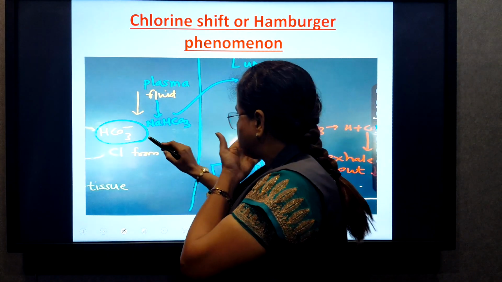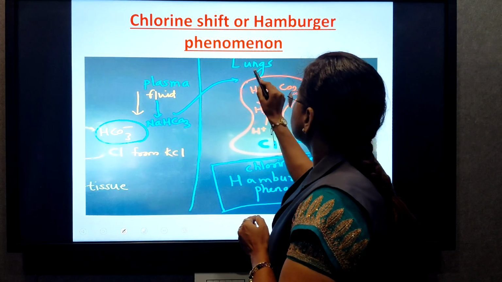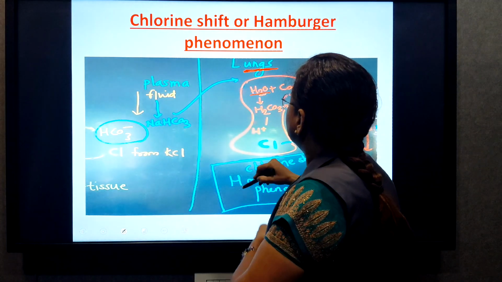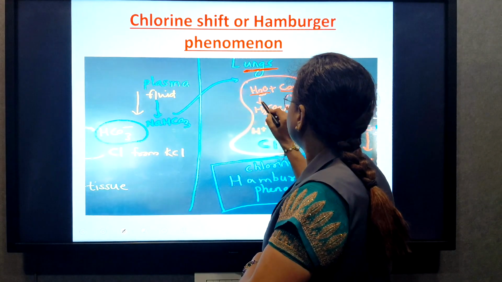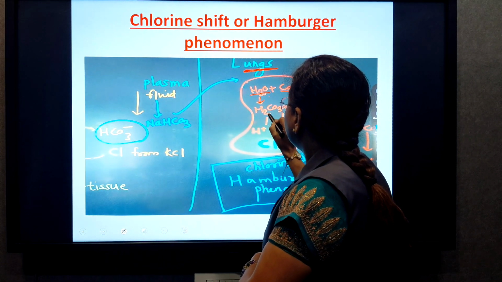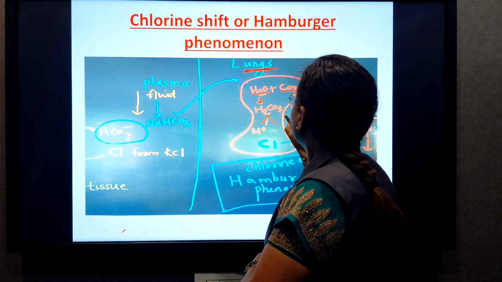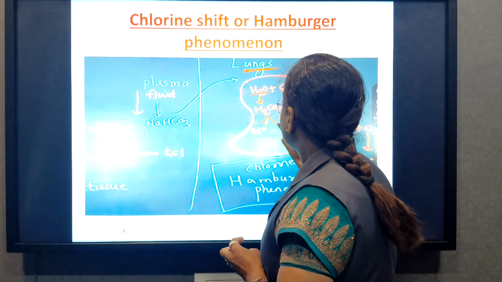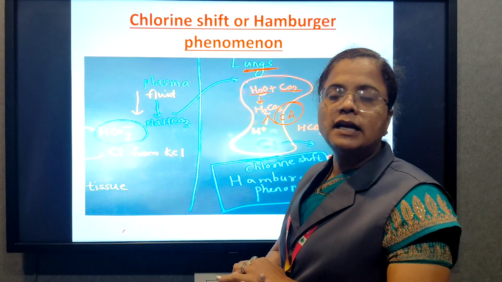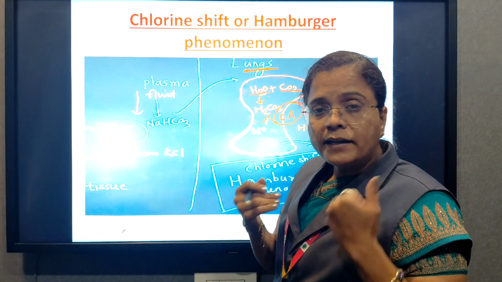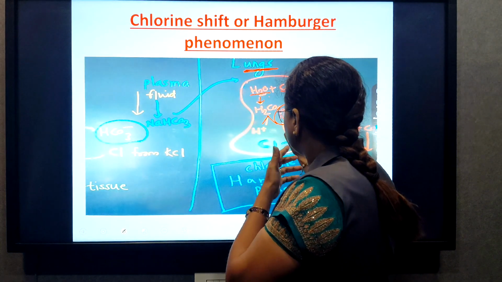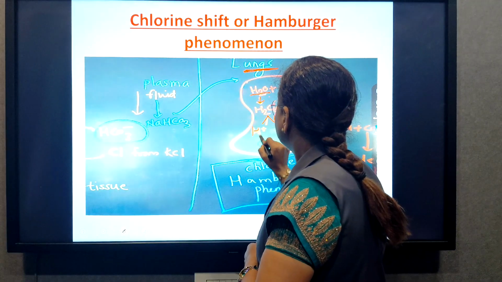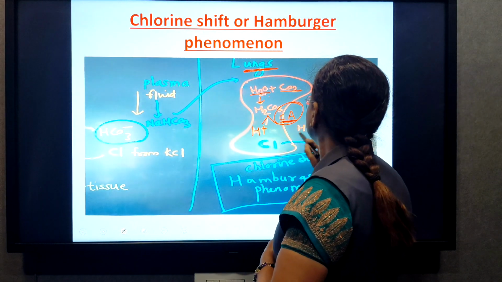When that RBC comes toward the lungs, H+ and HCO3 combine with carbon dioxide to form H2CO3, which again dissociates quickly by the carbonic anhydrase enzyme. Carbonic anhydrase is a reversible enzyme, and due to this enzyme the reaction takes place 10 times faster, giving H+ and HCO3.